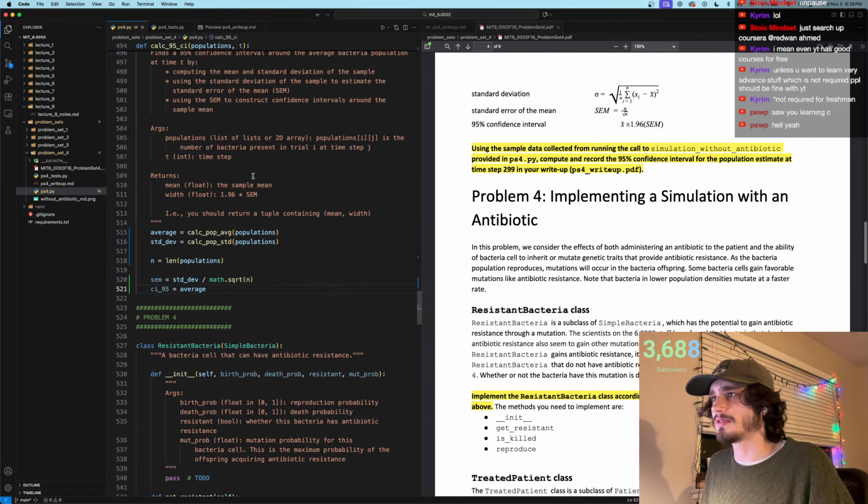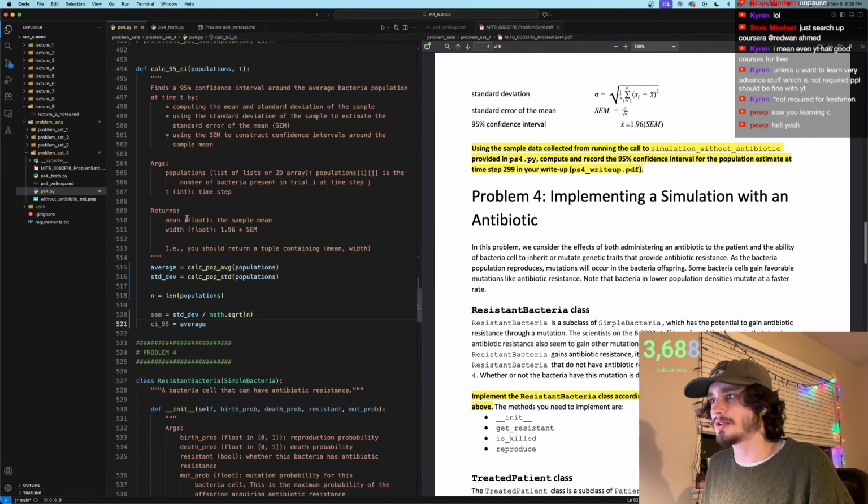How do we write this? A range object returns a mean, float, the sample mean with a tuple. 1.96 times. Okay, oh, okay, got you. It doesn't even want us to do that.